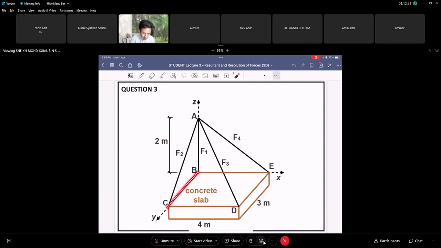This one is given, it's 3. This one is also given, which is 4. So the hypotenuse here is 3 square plus 4 square, and then square root this one. You will have the magnitude of this one. Once you have the magnitude of this one plus this one, 2 square, using Pythagoras theorem, we will get our F3 here.